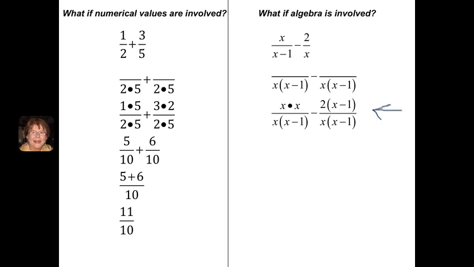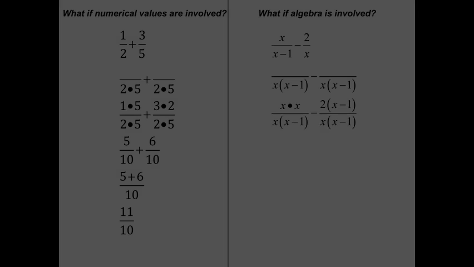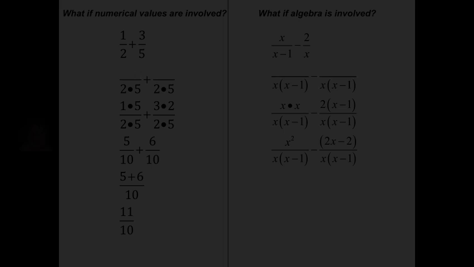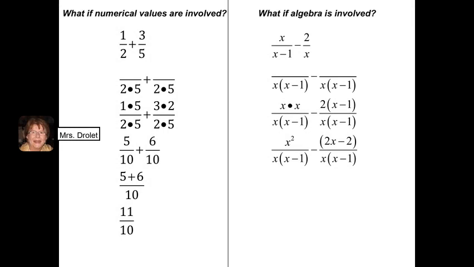Do you remember what the next step is? The next step, once you've found your equivalent fractions with those lowest common denominators, is to be careful with your rules of algebra.